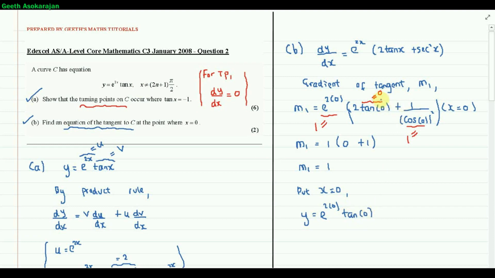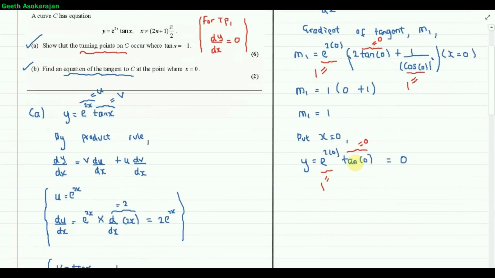Now, as I mentioned earlier, tan 0 is 0, and this e to the 0 term is 1. So we're going to have 1 times 0, which is 0. So that's the corresponding y coordinate for when x is 0.